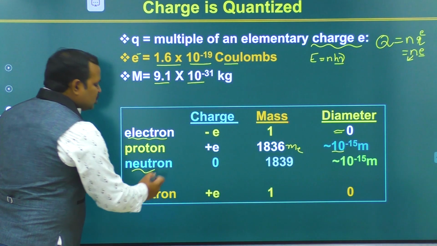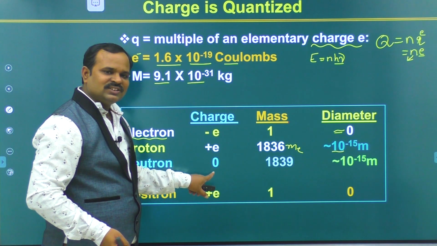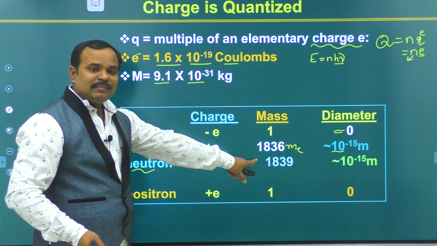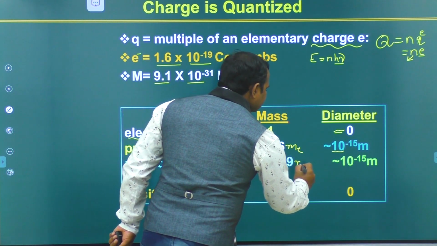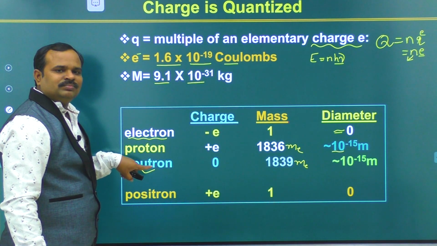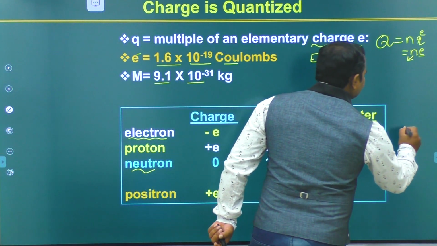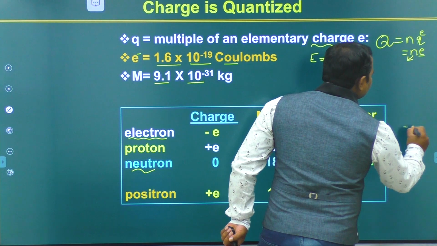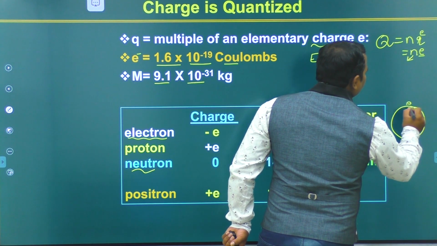Similarly, neutron. Neutron is a neutral charge, so there will not be any charge. So the charge of the neutron is 0. But it has a mass. The mass is 1839 times the mass of the electron. So you can see here the proton and neutron have a similar mass and they both lie in the nucleus. If you remember, every atom contains a nucleus and electrons will be revolving around the nucleus.